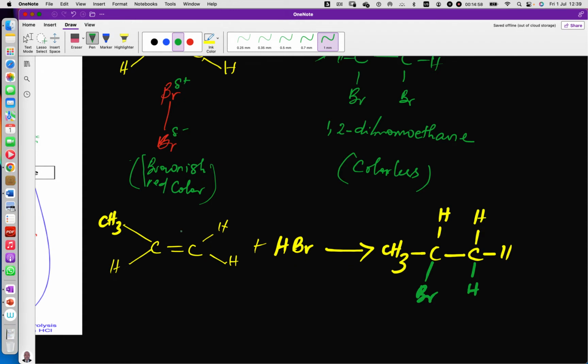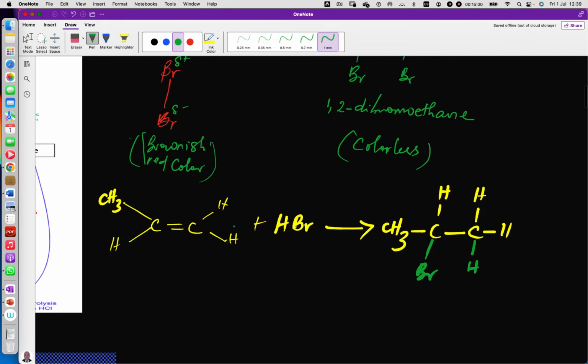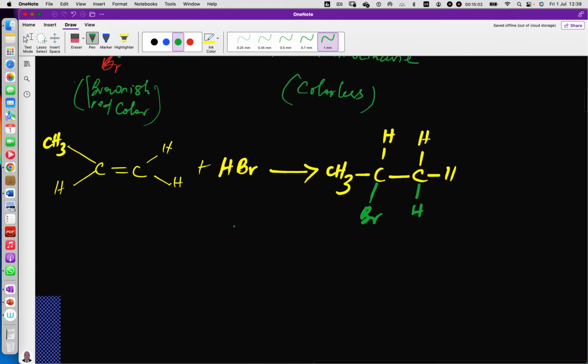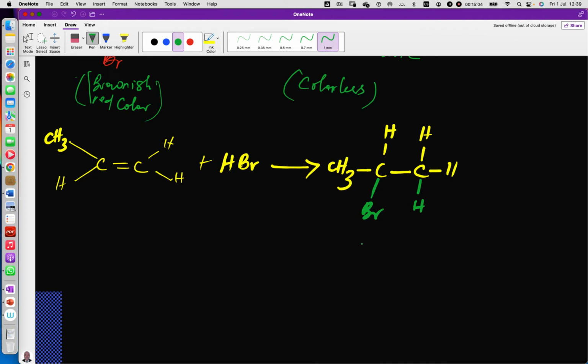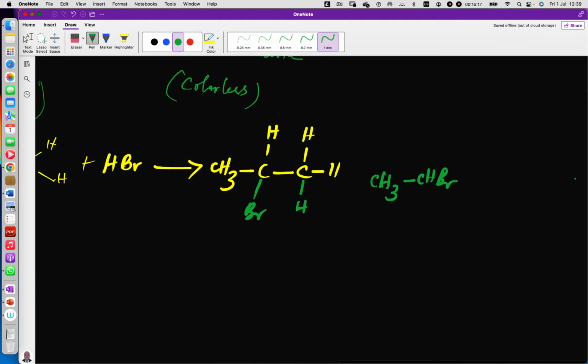So the compound that we are going to have can easily be written as CH3, CHBr, CH3. That is how the compound can be written.